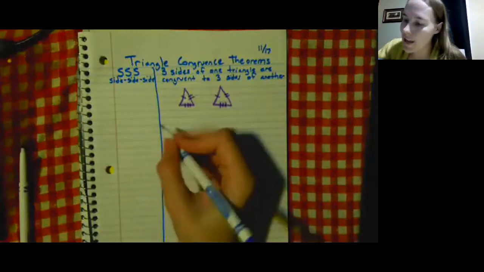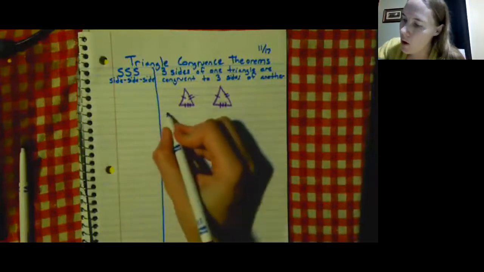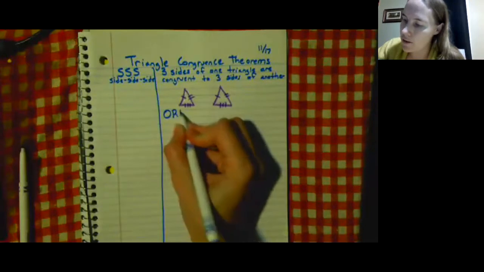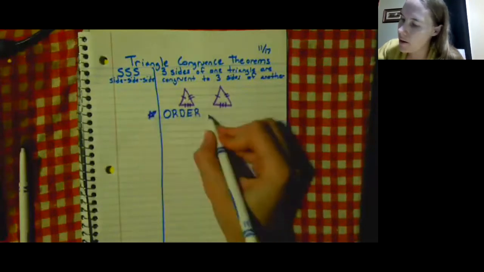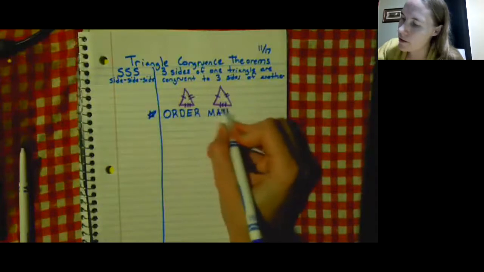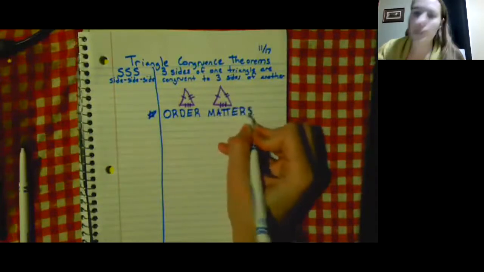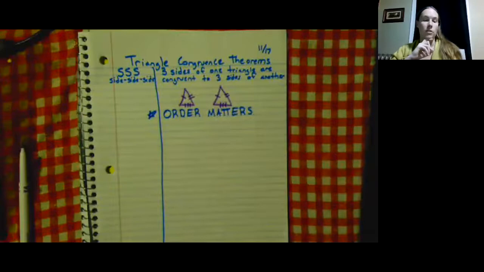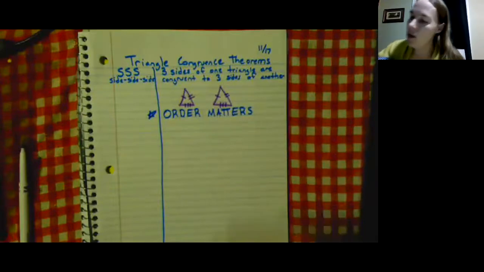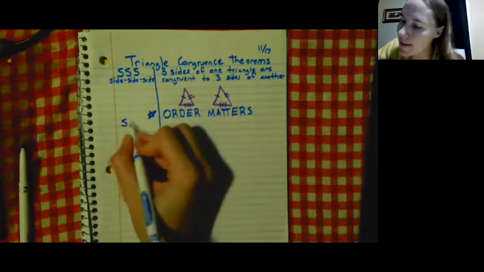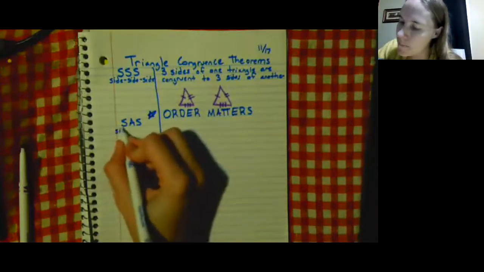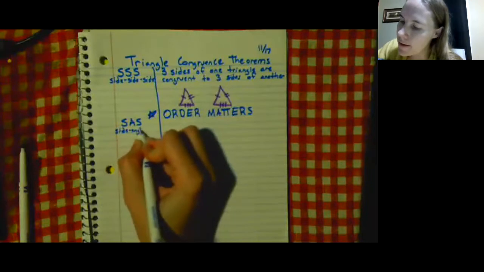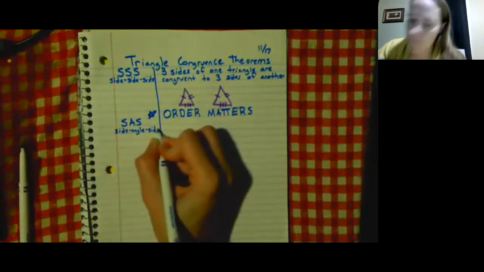So for the next couple that I'm going to do, order matters. I'm going to put that order matters. And you're going to see why order matters for these next couple. So we're going to start with SAS, which is side, angle, side.